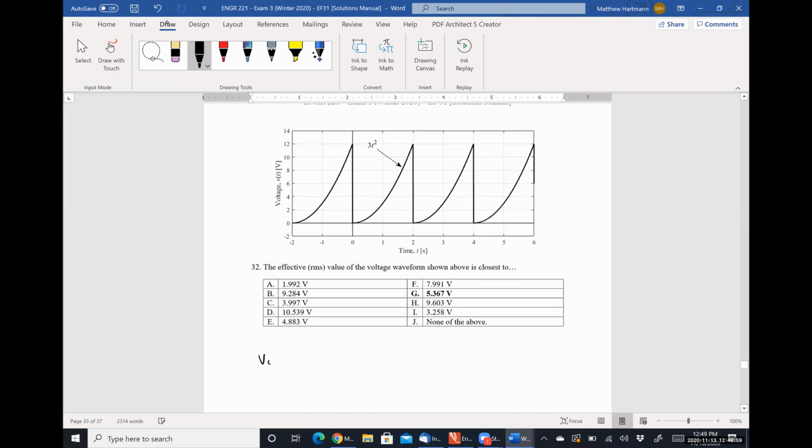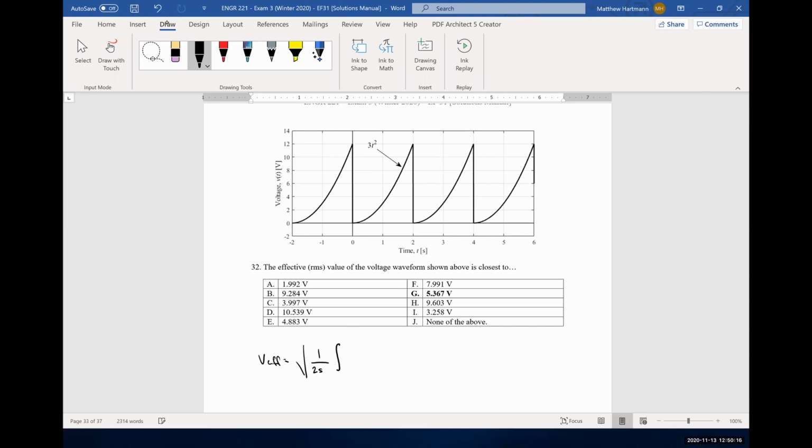V effective is going to be the square root of 1 divided by the period. What's the period in this case? Sure, 2 seconds. Then the integral.